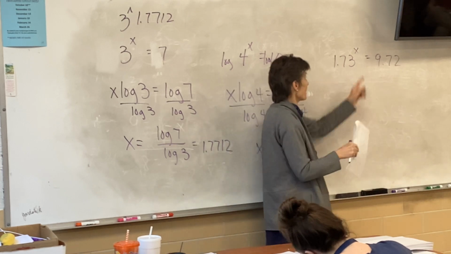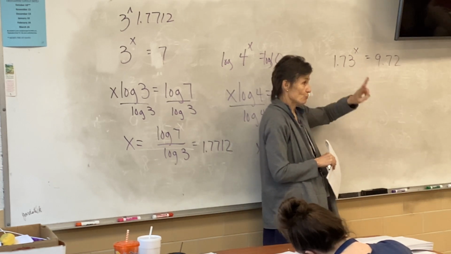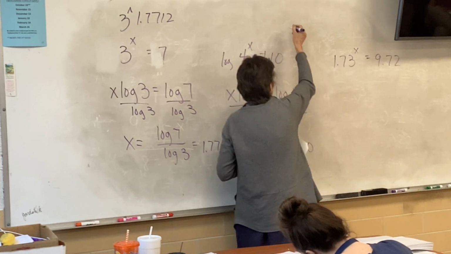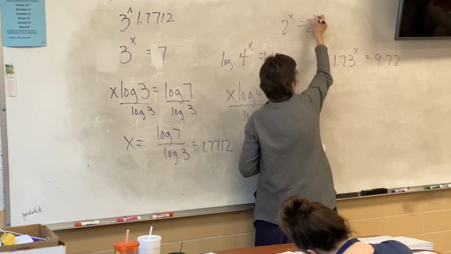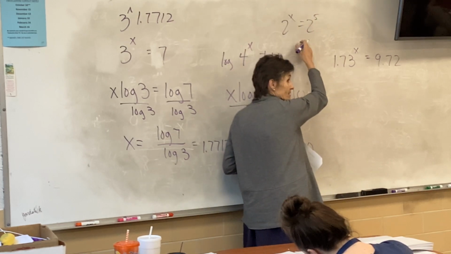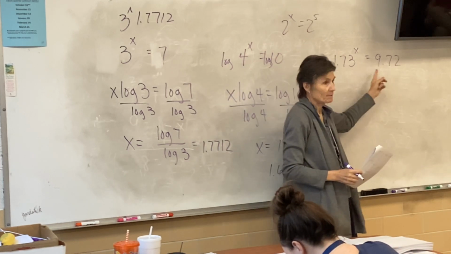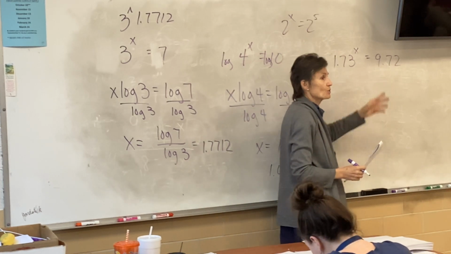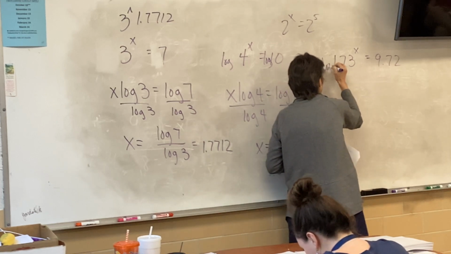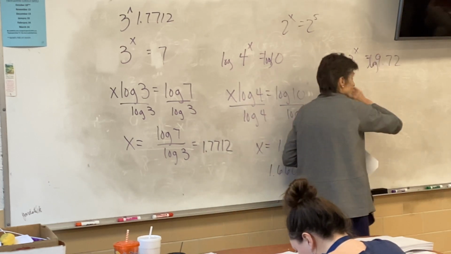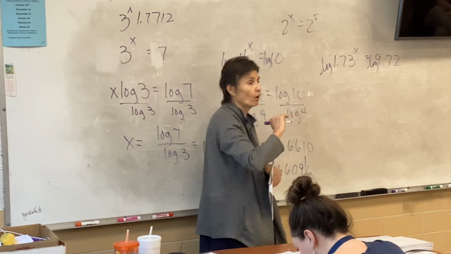When you see this x up here in the exponent, your 2 choices are, you make it look something like this, common base, or you use logarithms. You're not going to get a common base with these 2 numbers, so we're going to use logarithms. Both sides. Never just one side, always both sides.